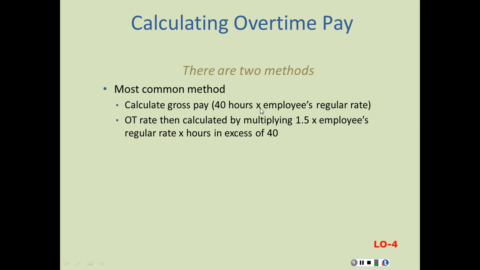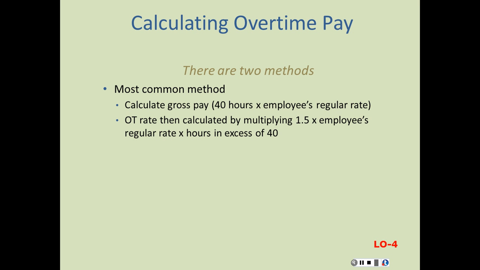But then, given that you calculate that and get the 40-hour total, the overtime portion is simply 1.5 times the employee's regular hourly rate. That gives you an overtime rate, and you multiply that times the hours in excess of 40. That would be probably the first way you would approach it, having never done this.